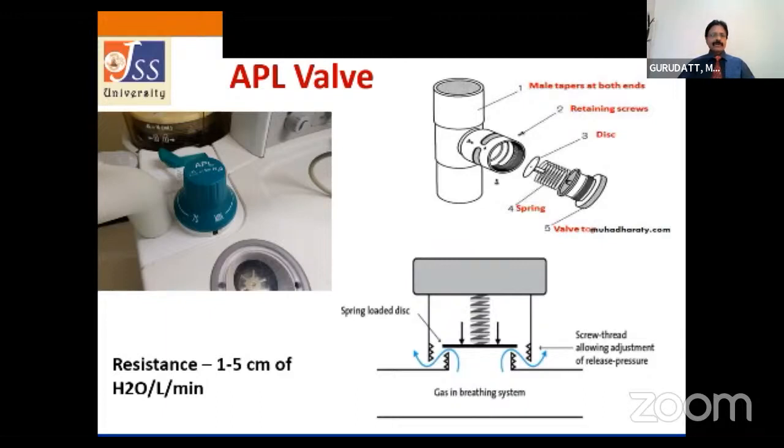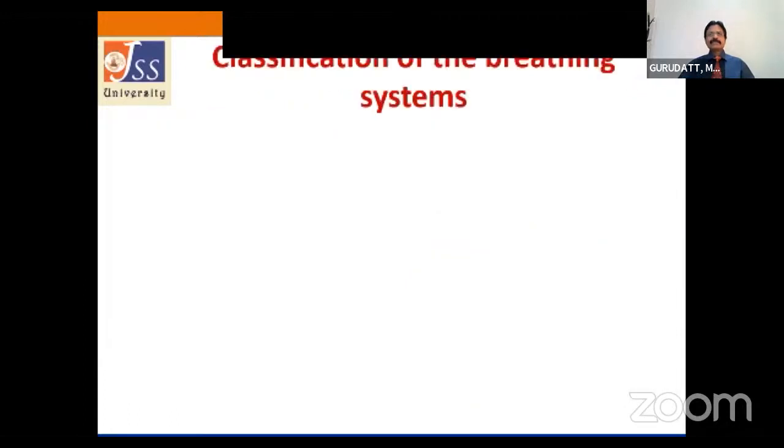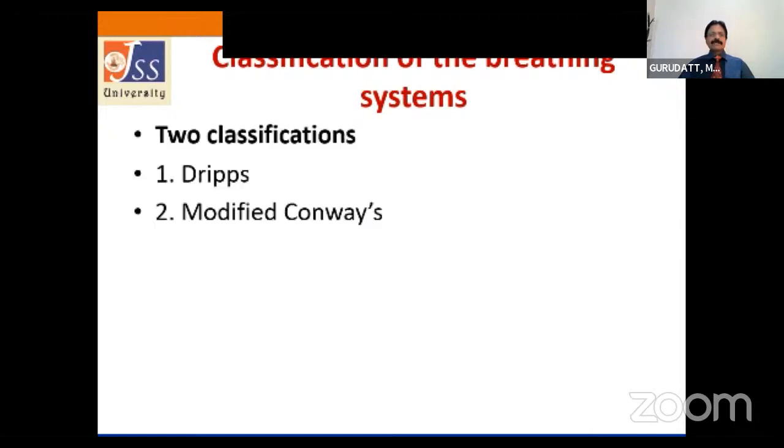Now, the other most important thing, again for exam purposes, is the classification of breathing systems. There have been multiple classifications over the years, so there is a lot of confusion. For exam-going postgraduates, two classifications are more than sufficient to know: one is the Dripps classification, and another is the modified Conway's classification.